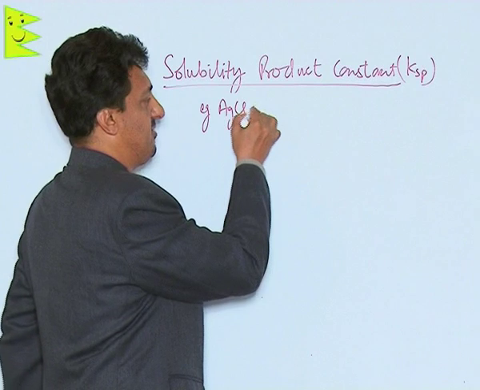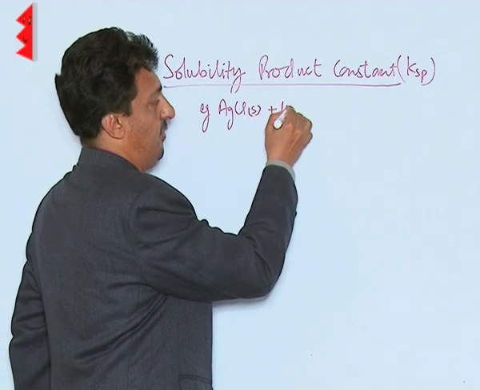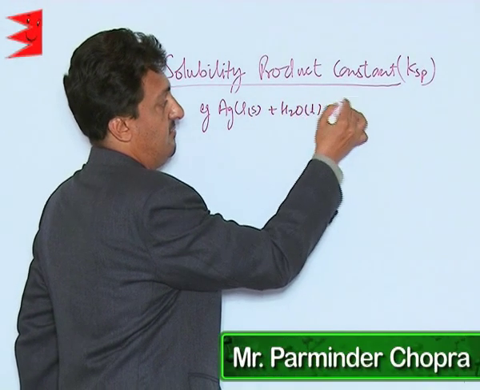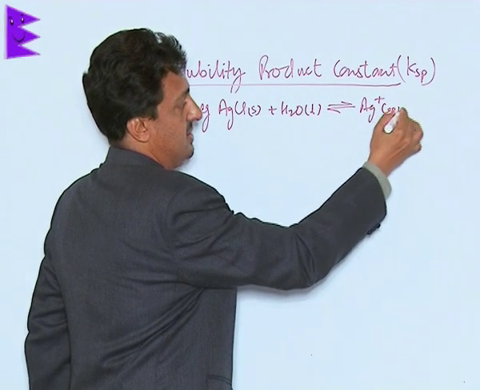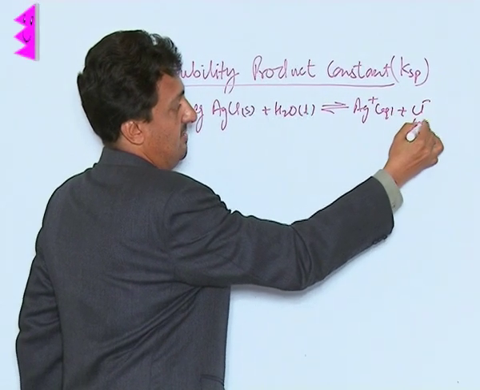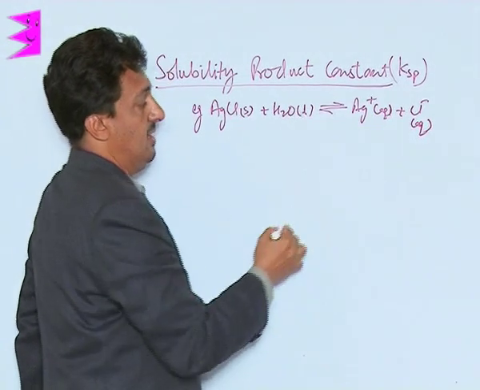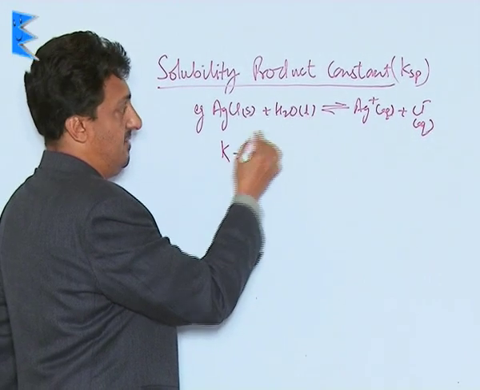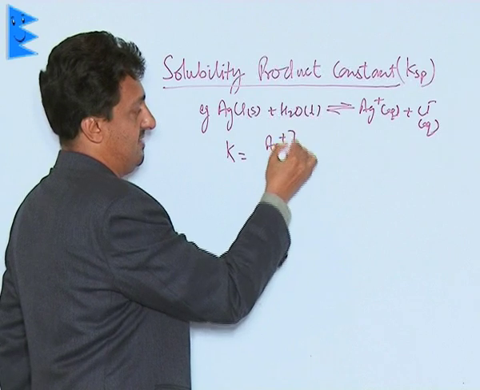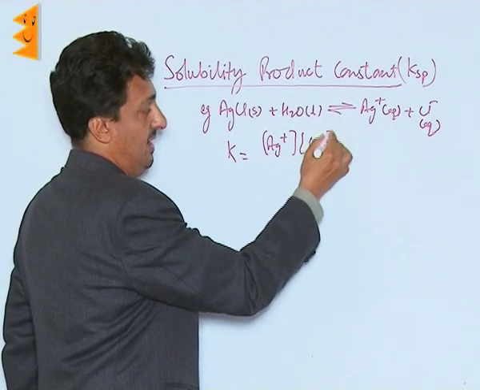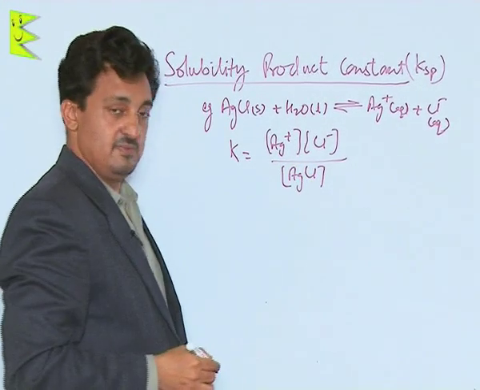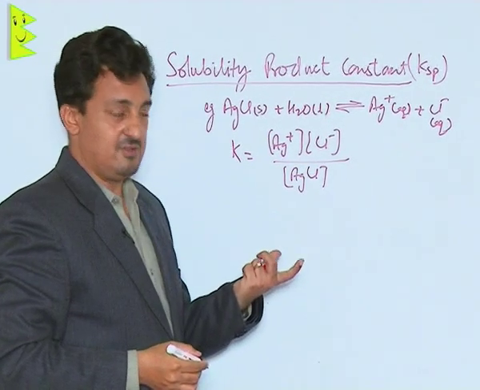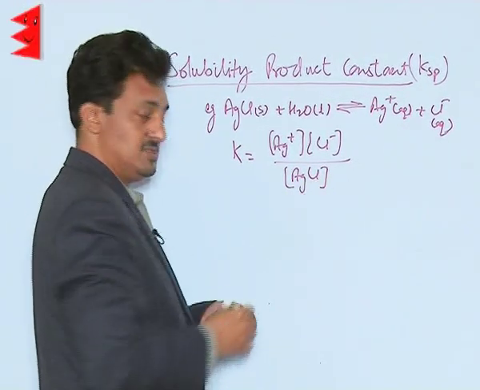Now when this salt is added to water, it dissociates to give silver ions aqueous and chloride ions aqueous. If we write the equilibrium constant, it will be silver ion concentration times chloride ion concentration divided by AgCl's concentration, because AgCl is a solid and its concentration does not change.